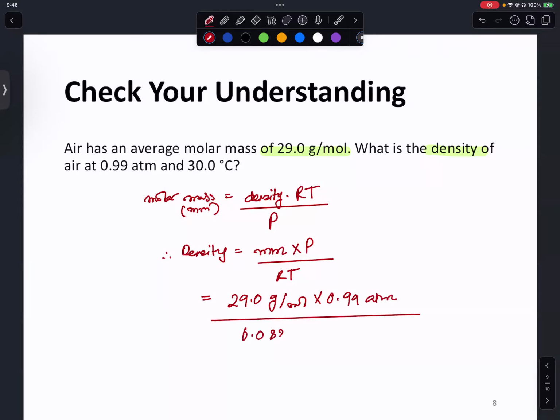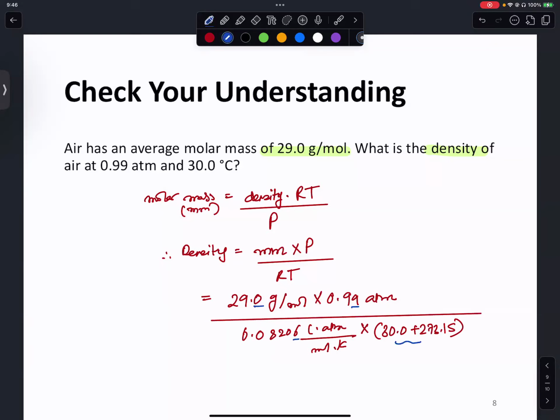which is 0.08206 liter atmosphere over mole K, and times the temperature 30.0 plus 273.15. And let's look at the sig figs. 3 sig figs, 2 sig figs, 3.